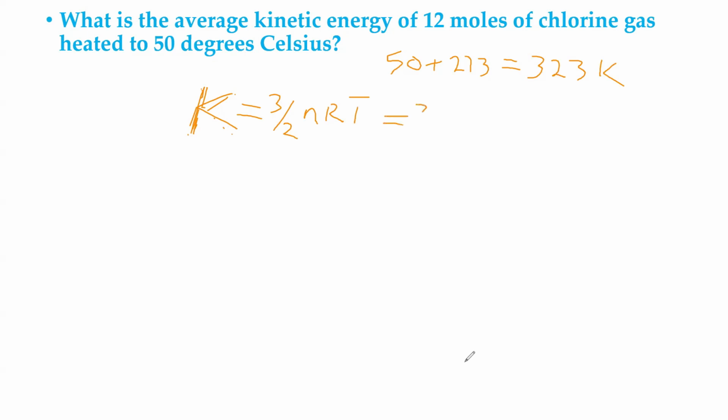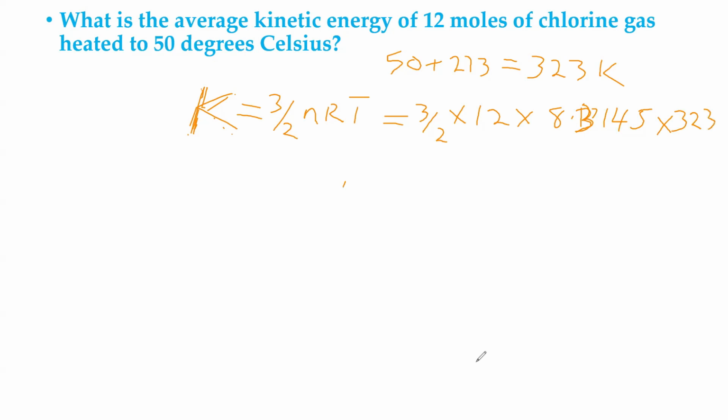So we are going to have 3 over 2 times the number of moles, 12, and then times the R, which is 8.3145, then times the temperature, which is 323.